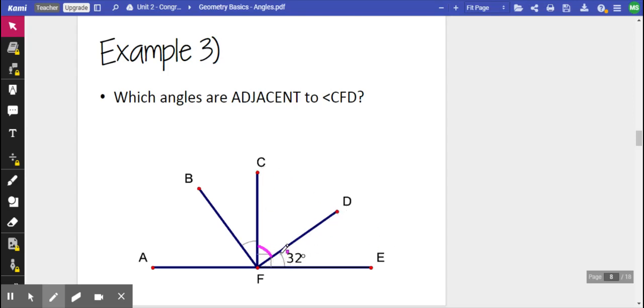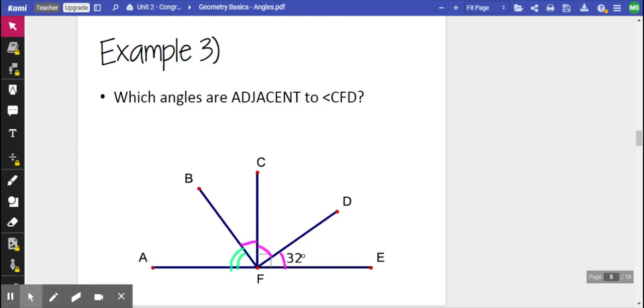So we would say that angle DFE is adjacent to it, CFB is adjacent to it, but the only one up here that is not adjacent to it would be this one over here, angle AFB. The other three might not be equal to the angle we're talking about, but we have two angles that are in fact next to the one we care about here.